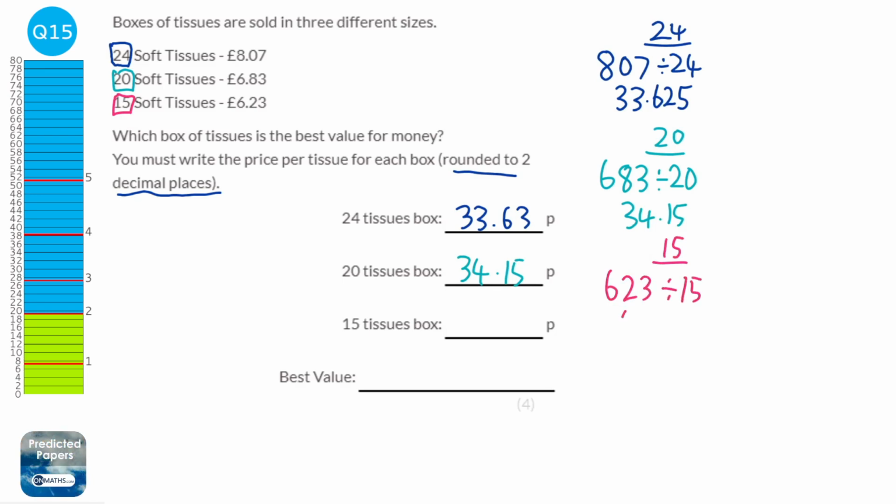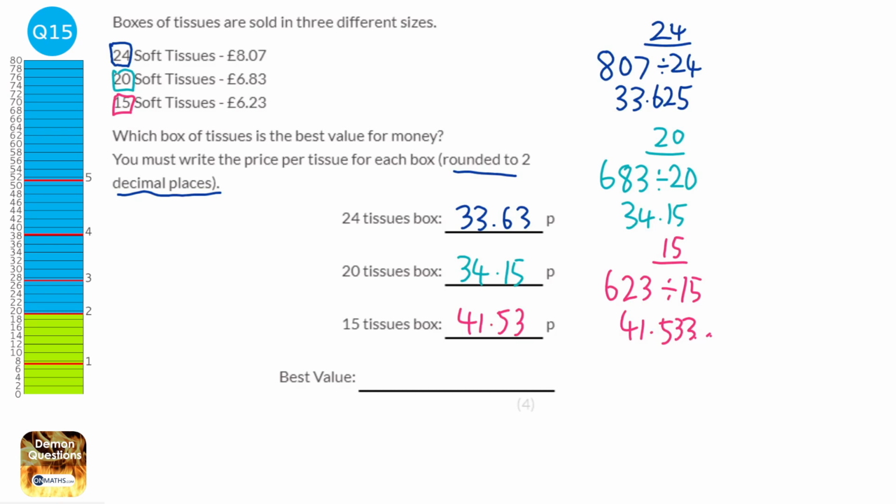It should be 41.533 and so on, and rounded would be 41.53. So if you buy 15 tissues, it will cost 41 pence. 20 tissues, it will be 34 pence per tissue, but 24 tissues will be 33.63. So that's by far the cheapest.